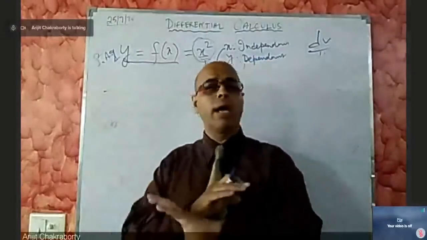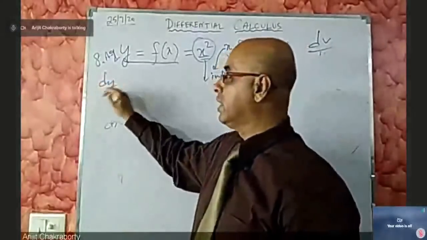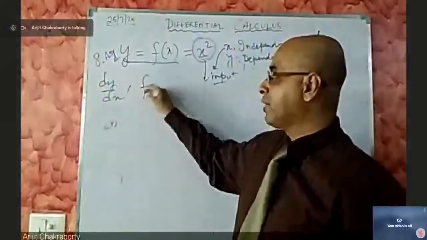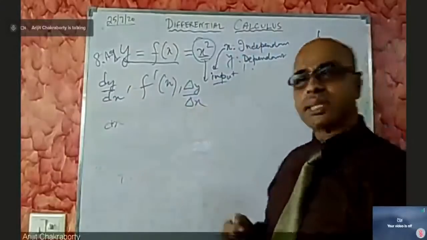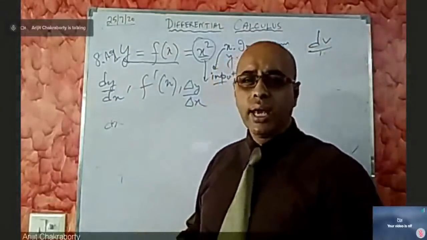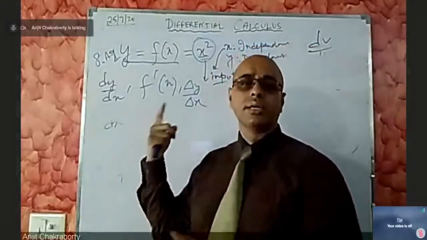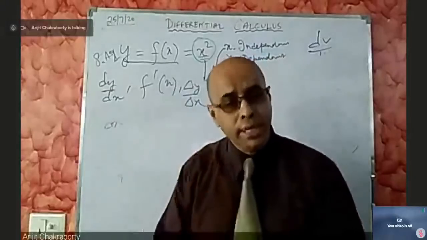It is shown by different forms. It can be dy by dx. It can be f dash x. It can be delta y by delta x. Different ways. The concept is same. The form is different. And we have seen it is called derivative. It is also called differential coefficient.